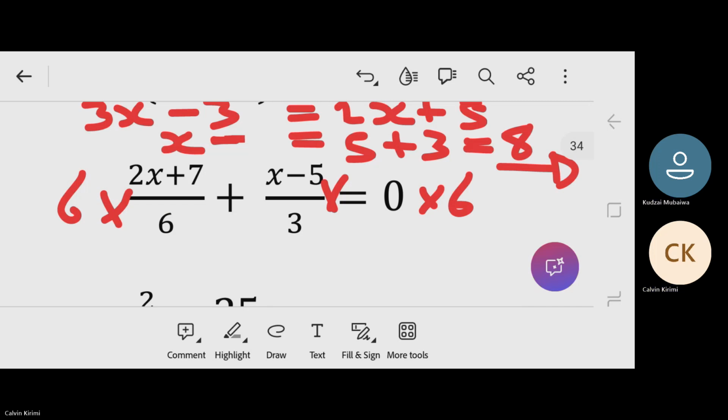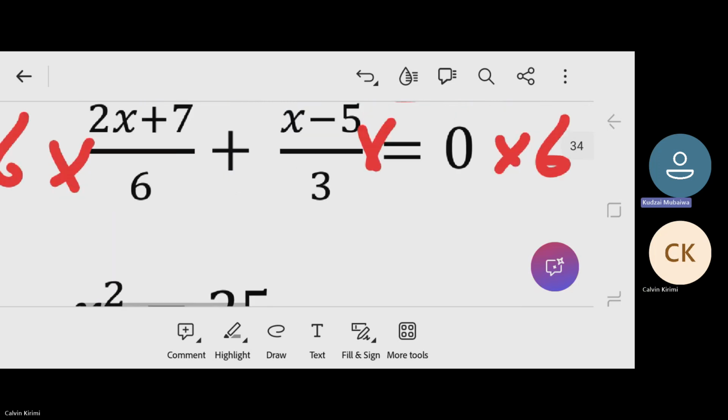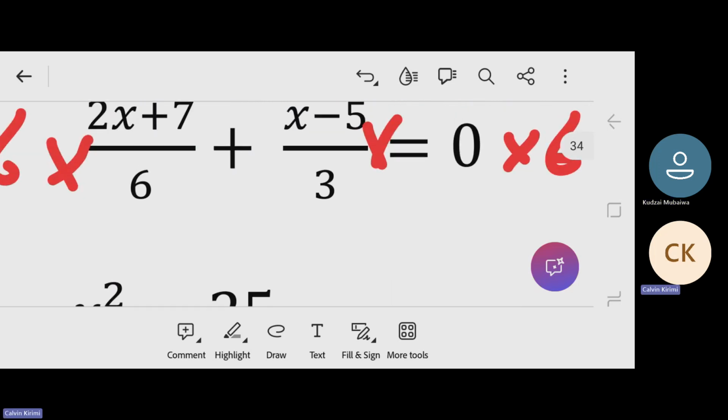Almost done, sir. So I got x as 6,5. X is negative 6,5. Right, let's verify together.